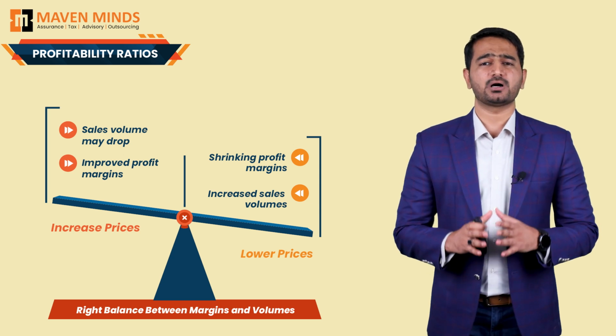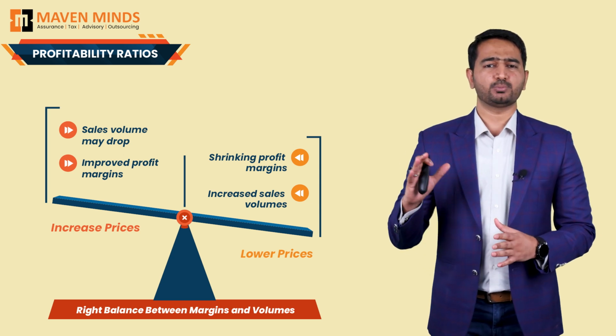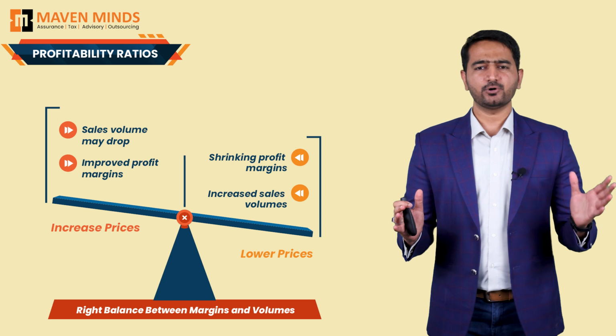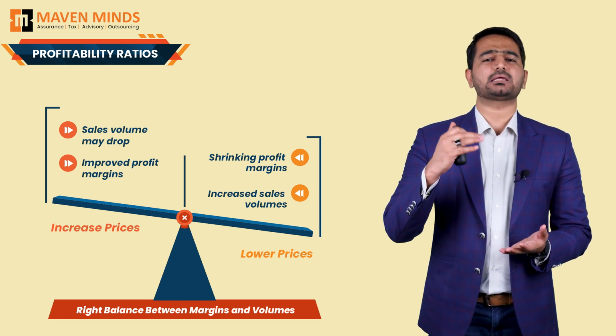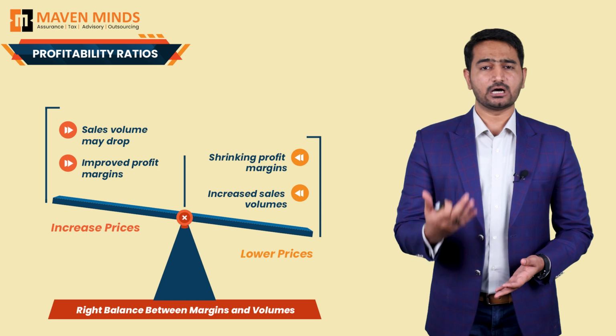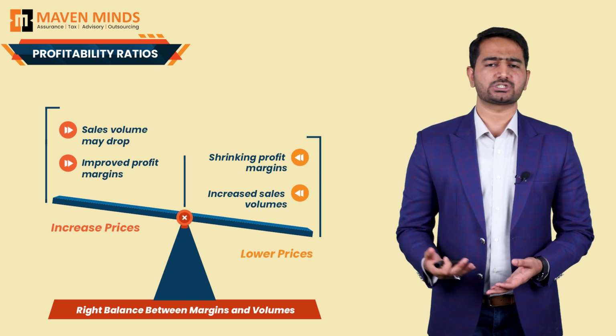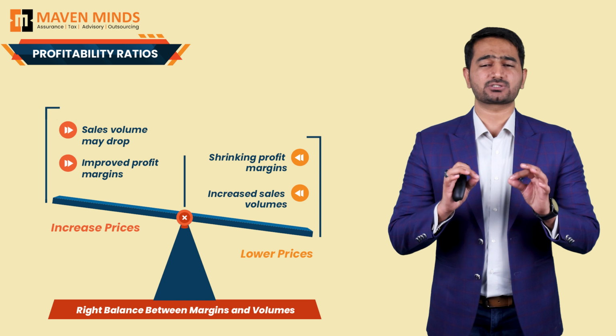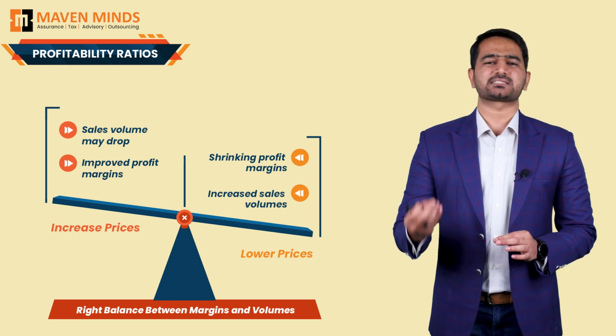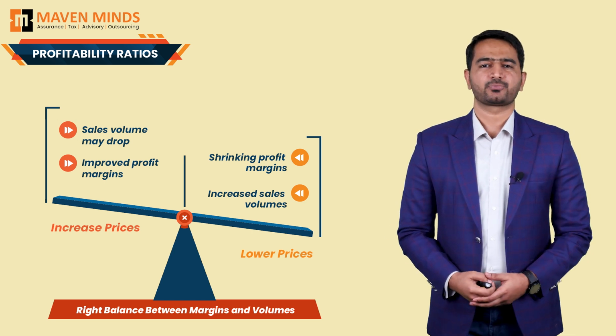The ideal benchmark for any business is to manage prices and volumes in such a way that maximizes return on capital employed without compromising competitive positioning or market share. Achieving this balance is crucial for long-term sustainability and growth.